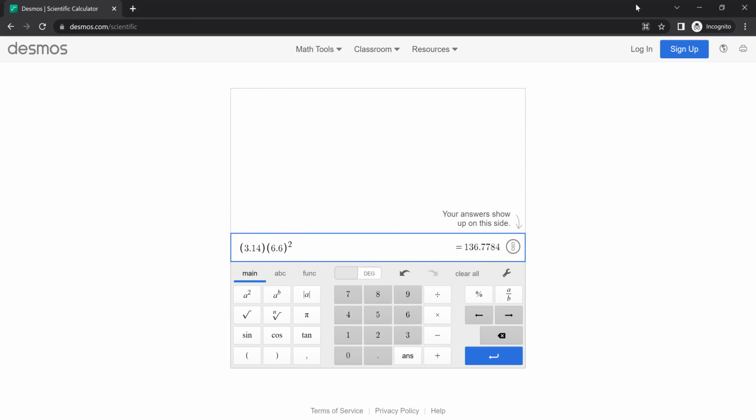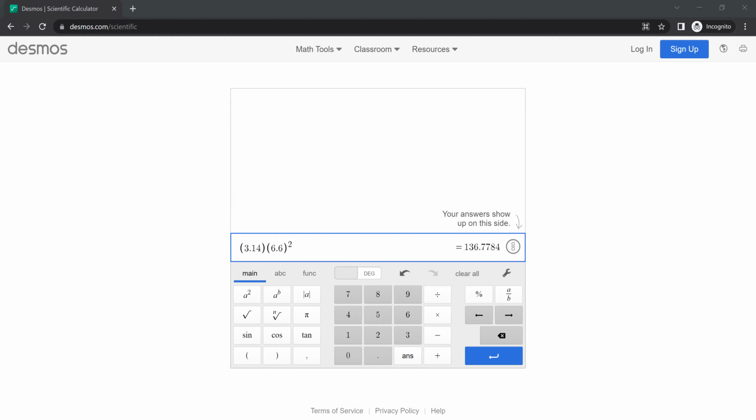Yes, you have to square first before you multiply. Can you do this calculation on your own and confirm that you get the same answer? Yeah, I got the answer.